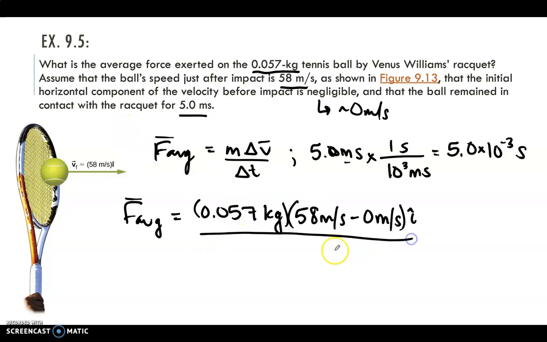And we divide that by our time, 5.0 times 10 to the negative 3 seconds. So let's go ahead and plug that into our calculators. So 0.057 times 58 divided by 5 times 10 to the negative 3. And we get that this average force is 660 newtons approximately.